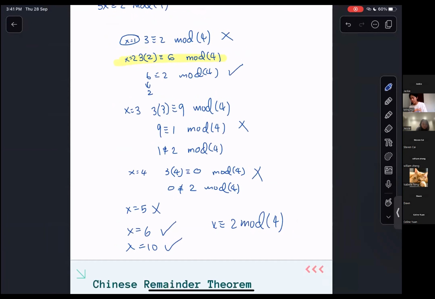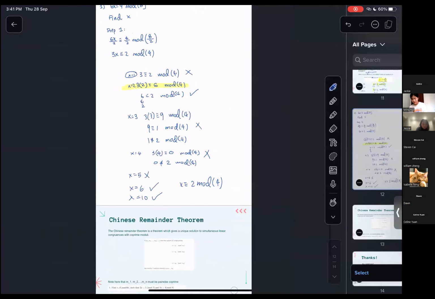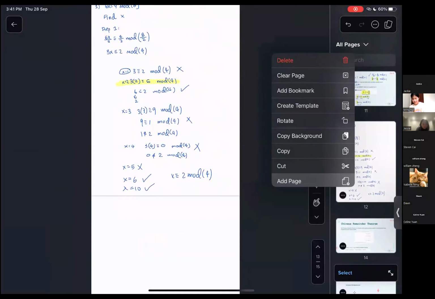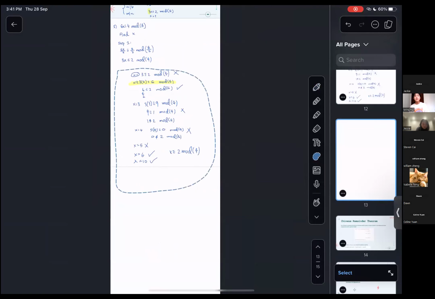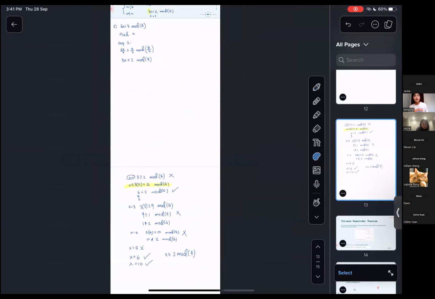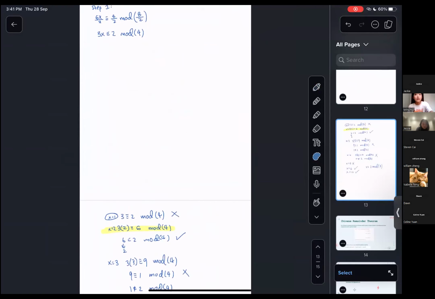But what if we wanted to prove that a bit more in detail and more convincingly, right? We can't just trial and error every single number, right?